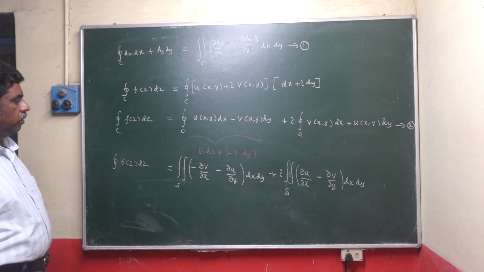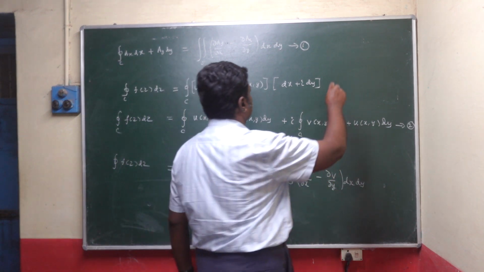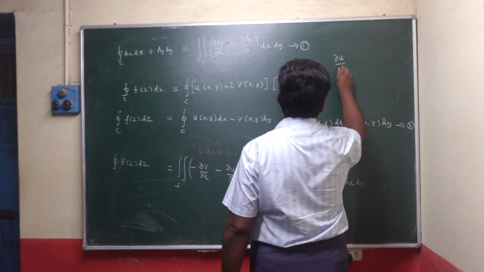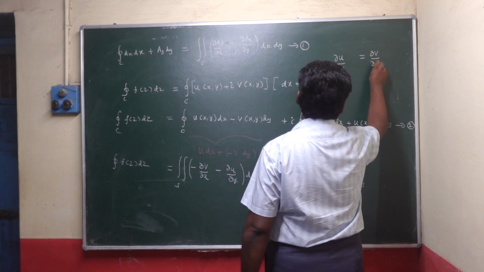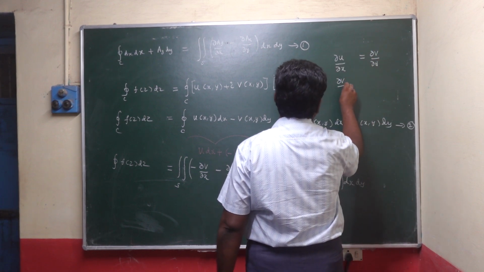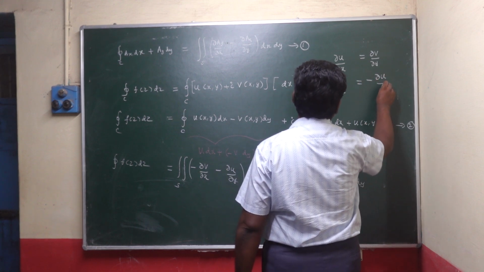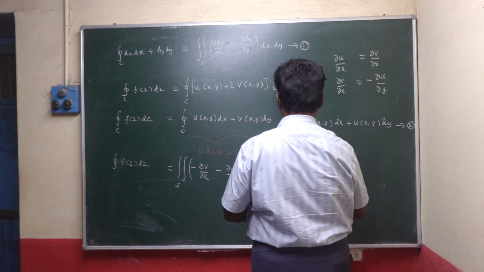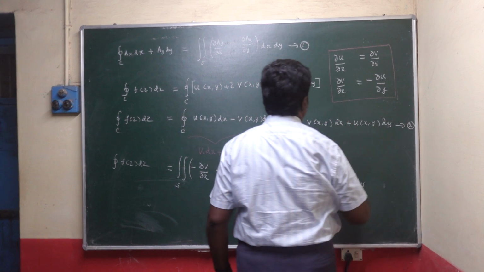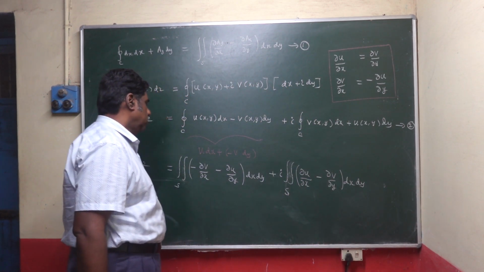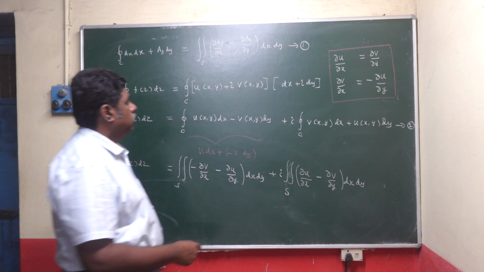Now we have to use our Cauchy-Riemann equation. Dou u by dou x equal to dou v by dou y, then dou v by dou x equal to minus dou u by dou y. These two are CR equations, Cauchy-Riemann conditions present in the complex variables. So this is equation 3.